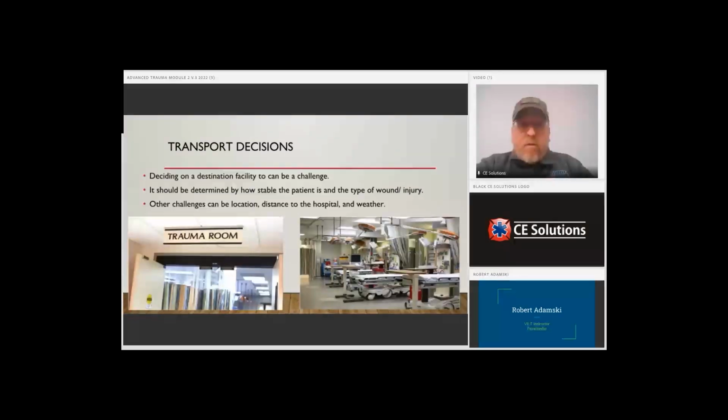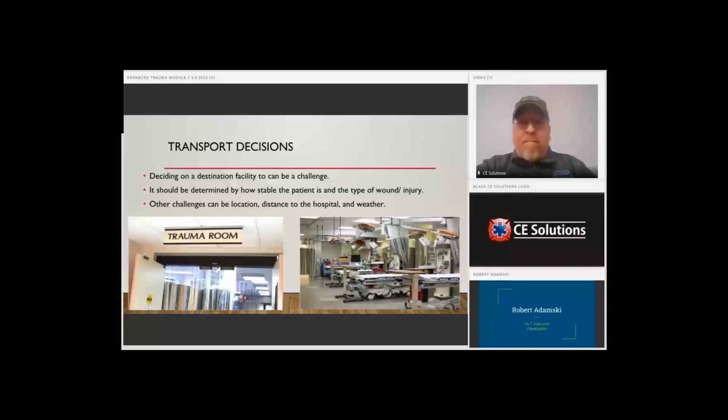Now, remember, the ultimate treatment for most trauma patients is not going to be in the pre-hospital care setting. Our goal is to get them to definitive care. And that definitive care, by definition, in most cases, is some level of trauma center. The higher level trauma center, the better, generally speaking. The research is out there. It's rock solid. It's been proven.